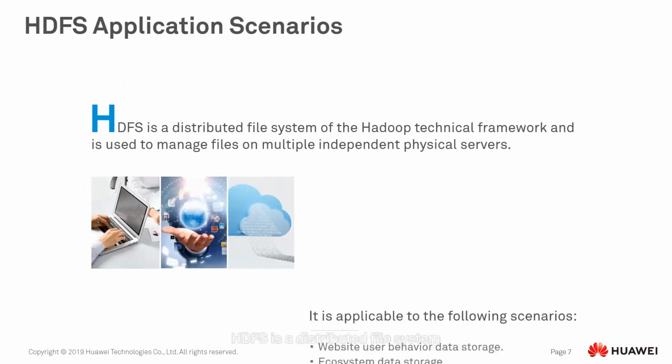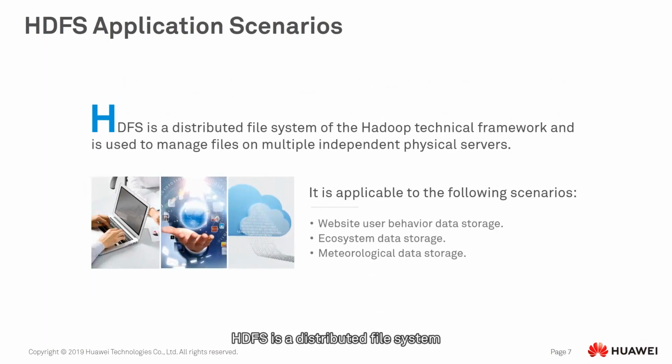So in conclusion, HDFS is a distributed file system for managing files on multiple independent physical servers. In reality, for example, HDFS can be used for storing website user behavior data, ecosystem data, or meteorological data.